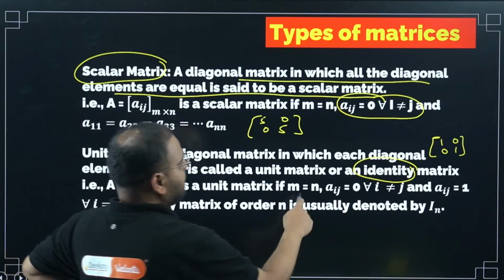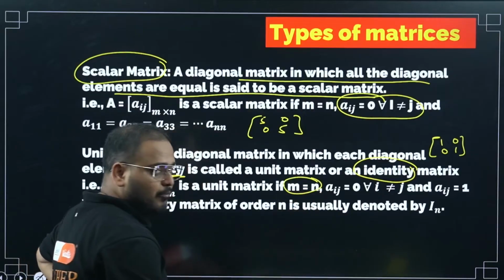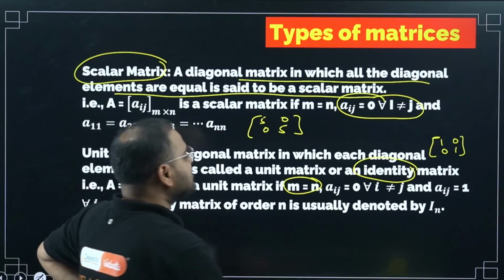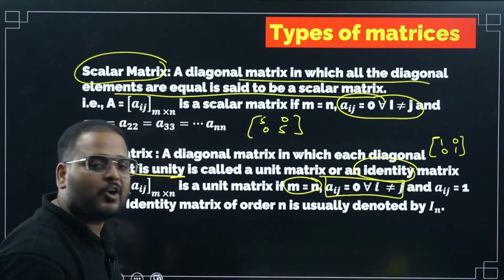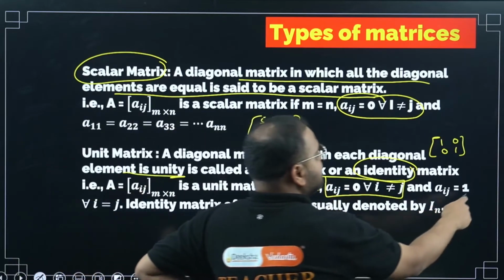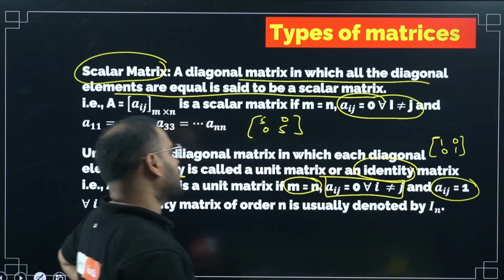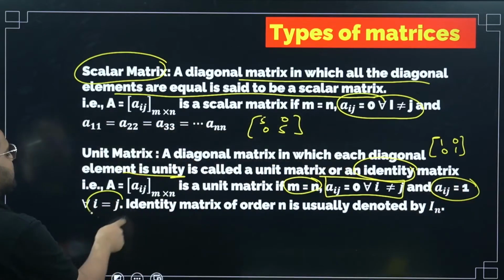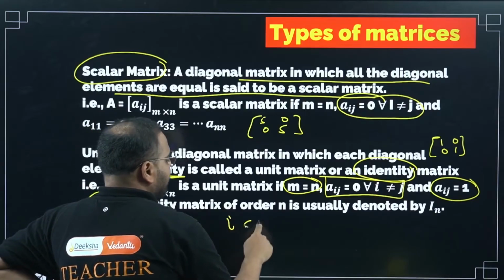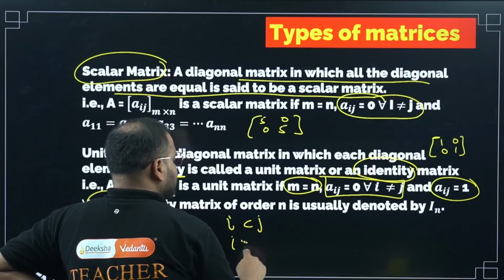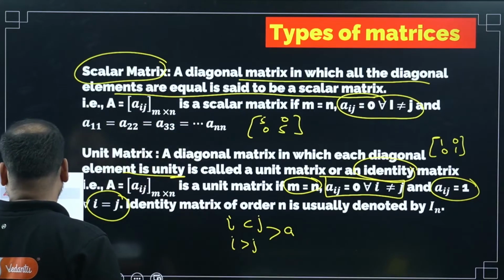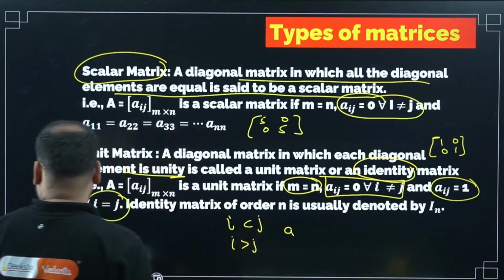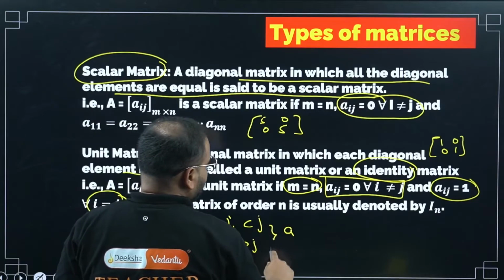So whenever, for all, what type of matrix? m equal to n means a square matrix. Aij is 0 when i is less than j or i is greater than j, and whenever it is equal, it should be 1. Aij is equal to 1 for i equal to j. So basically, if i is less than j or i is greater than j, then what will happen? For this condition, what should happen?